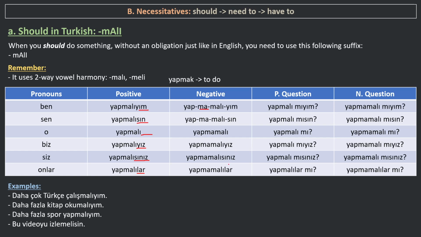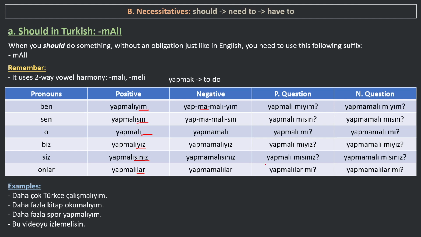It kind of sounds like a tongue twister when the verb is more than one syllable and when it has a ma in it, like yapmamalıyım, there are two ma's in it. That's because the first one is the negative suffix. We understand that it is a negative.